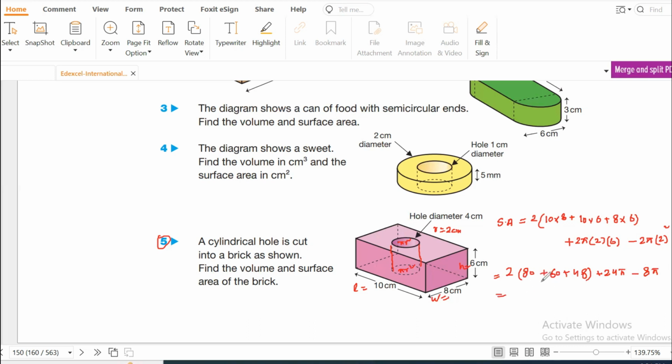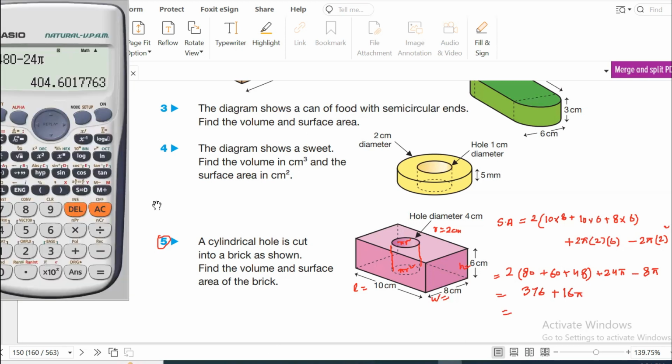If we add 80 plus 60 plus 48, it gives me 188, multiplied by 2, that is 376, plus 24 pi minus 8 pi. We can simplify this also: 24 minus 8 gives us 16 pi.